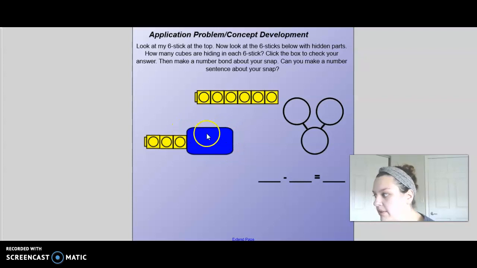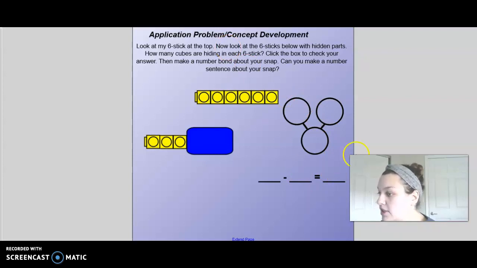But before we go any further, let's look at what our task or objective is. Our objective is to make subtraction problems within 6, okay? But we also need to be able to write the number bond, which is a whole, a part, and a part, and then write that number sentence, which is your whole minus your part, which equals your other part, okay?